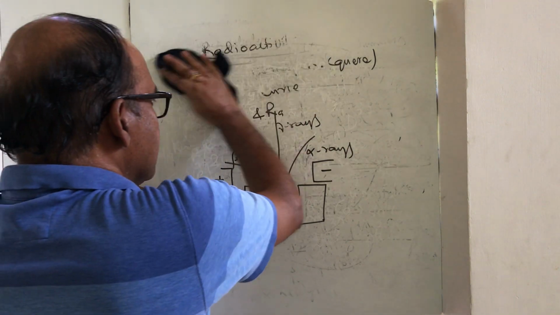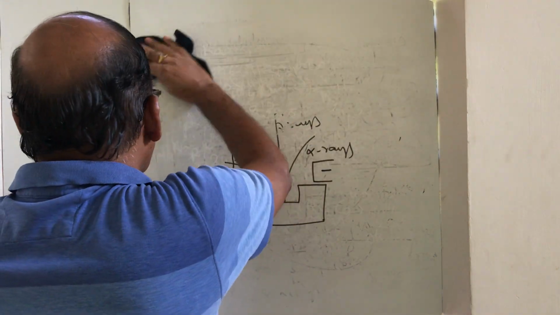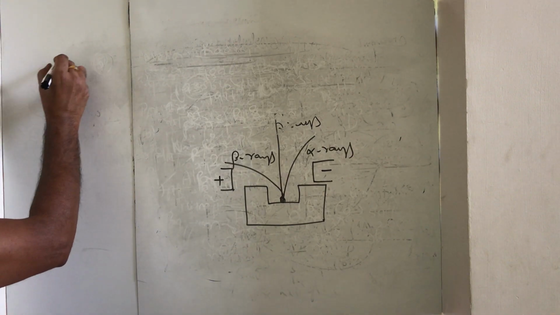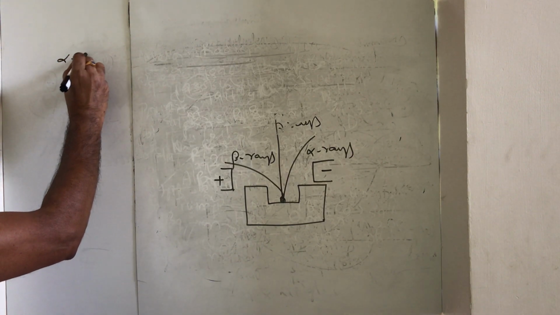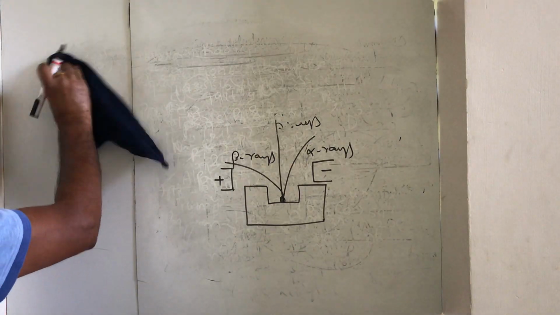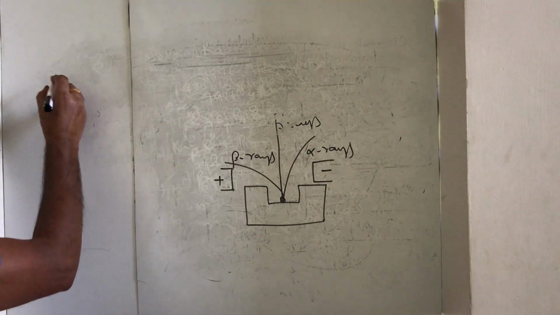Now briefly we'll discuss the properties of alpha, beta, gamma rays in various aspects. Better we'll discuss in a comparative way.